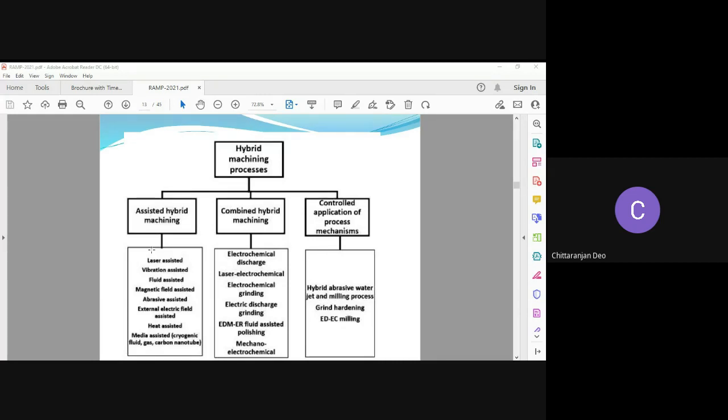But in combined hybrid machining, both the material removal processes are combined, and both are responsible for the material removal, like electrochemical discharge machining, laser electrochemical machining, electrochemical grinding, electric discharge grinding, and so on.